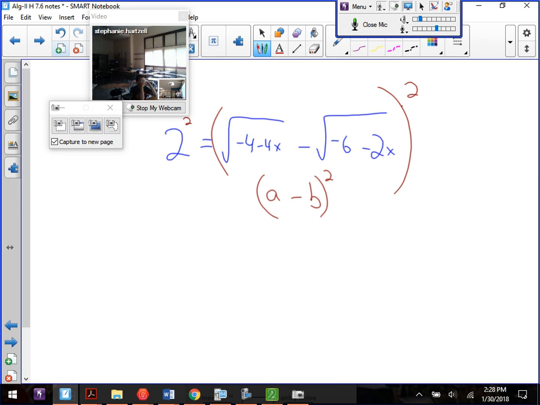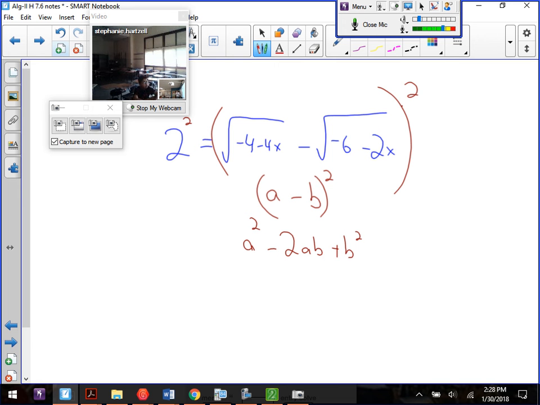But watch, it's not that bad. It's really not that bad. If you follow the pattern of what this is, it's A squared minus 2AB plus B squared. If you do that, then you'll still have a root that you'll still have to FOIL out.